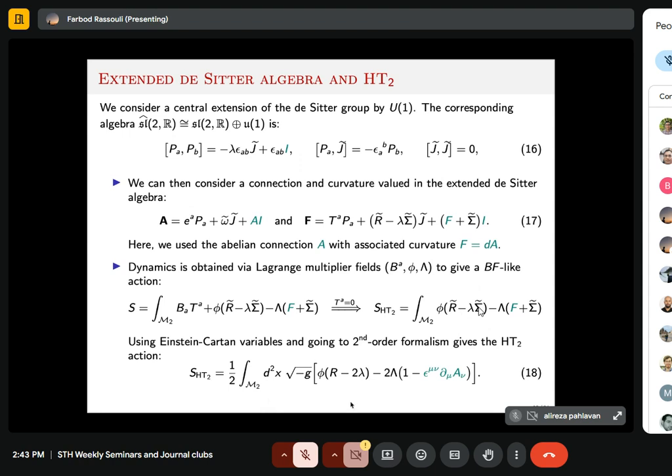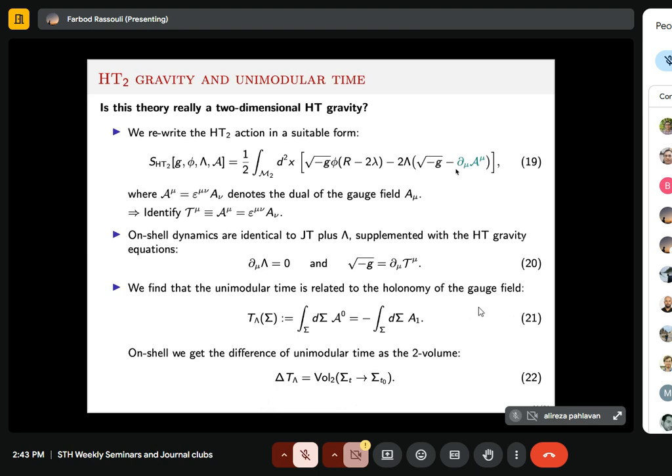Because I think this term has important consequences. Even if at the algebraic level you can somehow mod out this central term, I think this new action, which is an extension of JT gravity, would give different boundary dynamics.